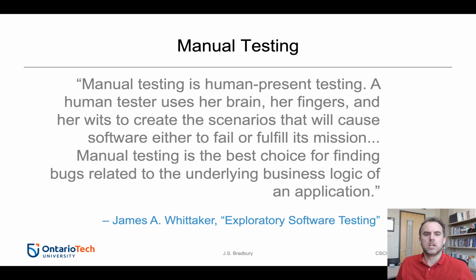And he said, quote, manual testing is human present testing. A human tester uses her brain, her fingers, her wits to create the scenarios that will cause software either to fail or fulfill its mission. Manual testing is the best choice for finding bugs related to the underlying business logic of an application.